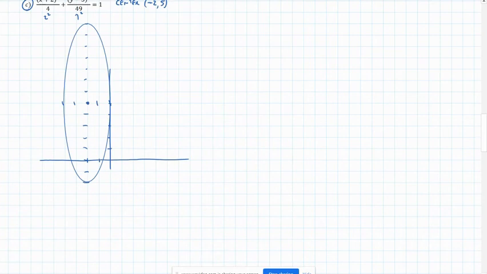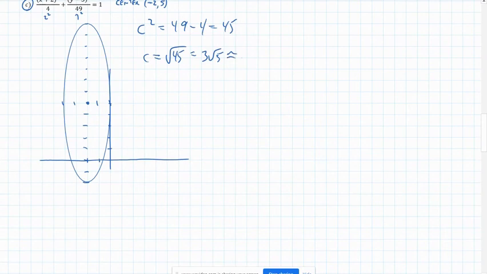Okay, and again, our focal points are always on the longer axis, so we know they're going to be on the vertical axis. And so c squared is equal to 49 minus 4, which is 45. So c is the square root of 45, which is 3 root 5.